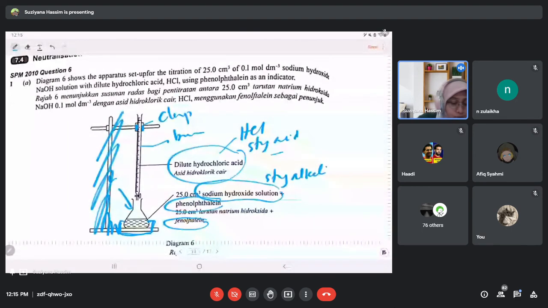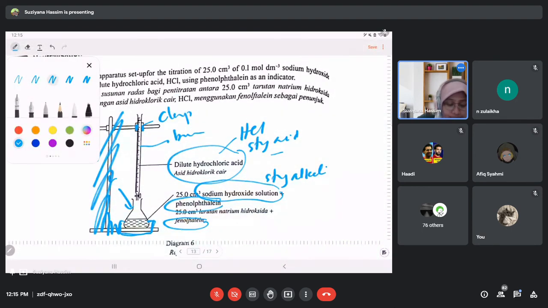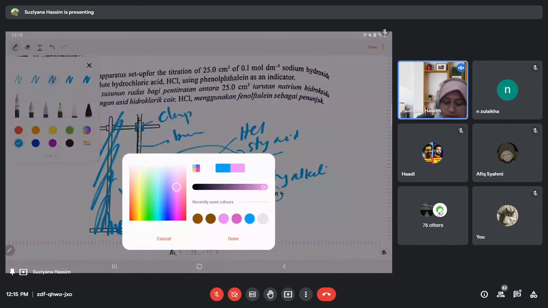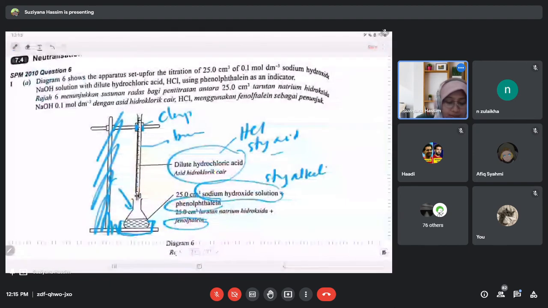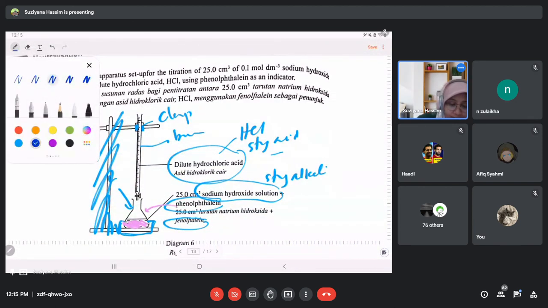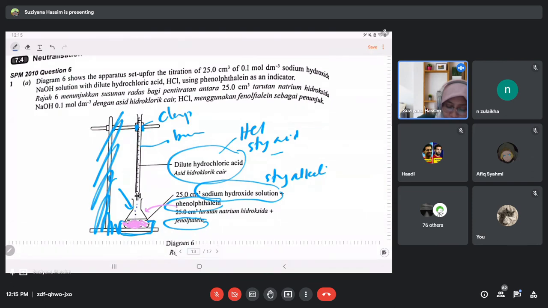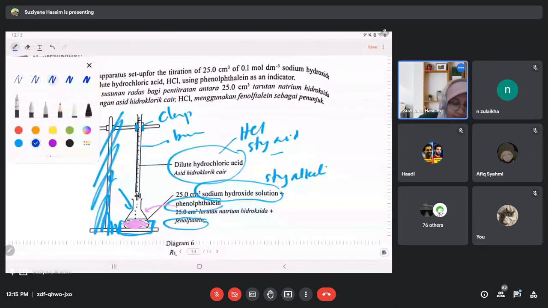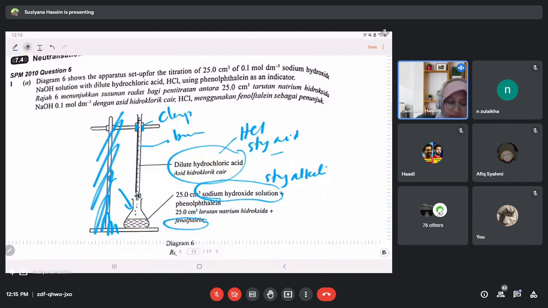Okay sayang, if you are using the phenolphthalein, it is a pink color. If you're putting the phenolphthalein into it, it becomes pink color. But after you titrate slowly, it returns to colorless when it reaches the end point.